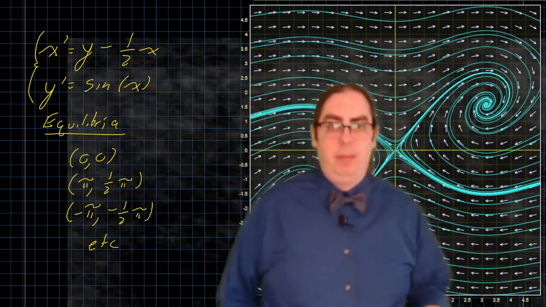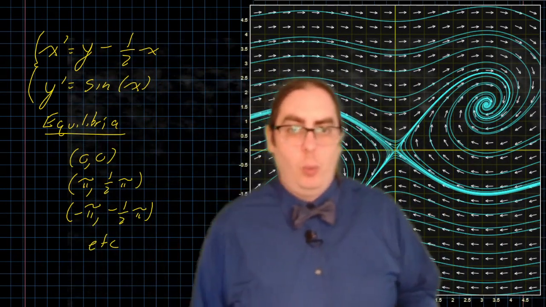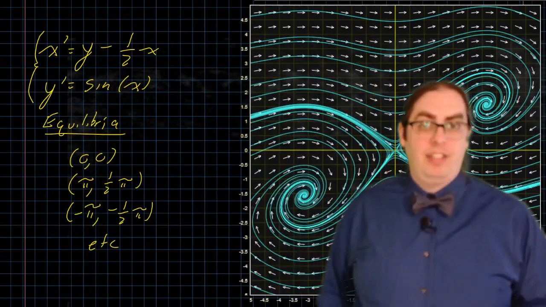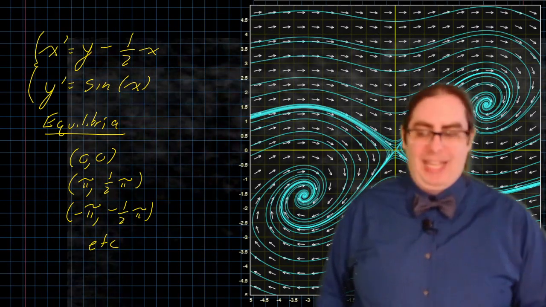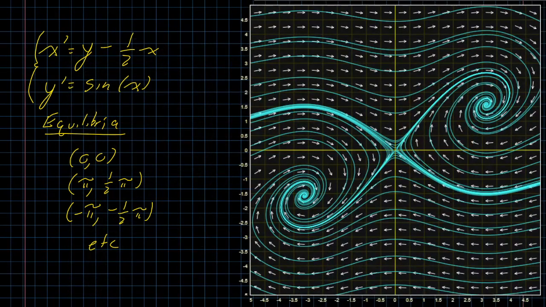That's exactly the behavior that we saw with the saddle point, the semi-stable node in the past. And so we can classify exactly like that. This is a saddle node. This is a stable spiral. And this is a stable spiral.